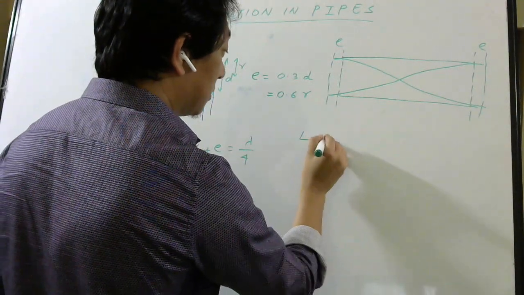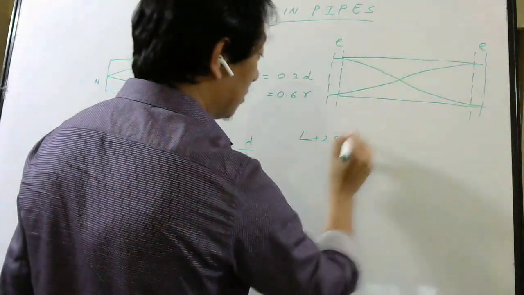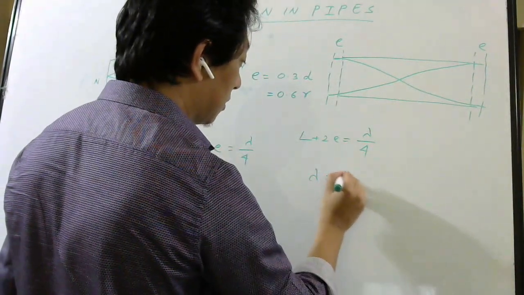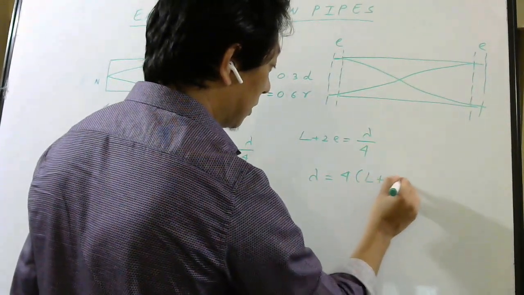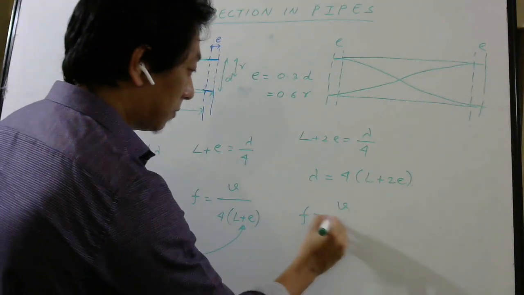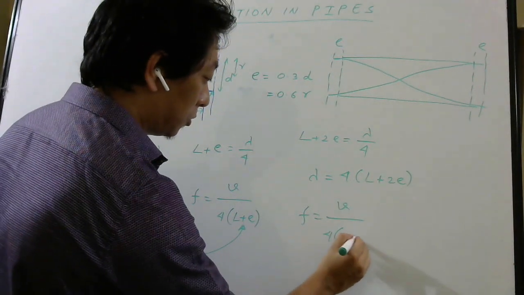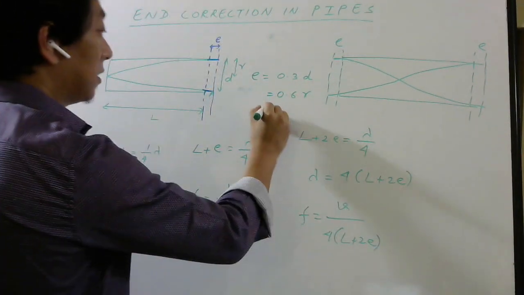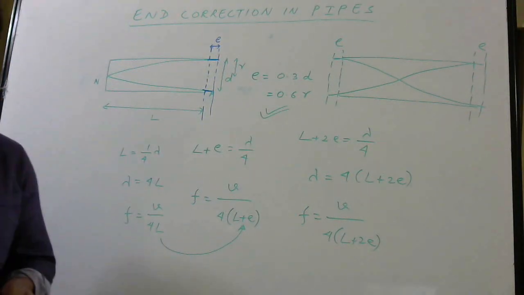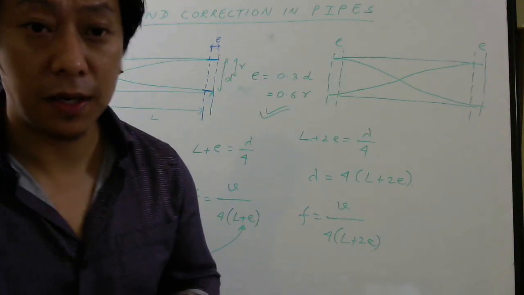So L plus 2E, this E plus this E, will correspond to 1/2 of the wavelength. So lambda will be 2 times L plus 2E. So frequency will be velocity by wavelength, that is L plus 2E, and E is given by the same formula. So this has to be remembered while keeping in mind the end correction.